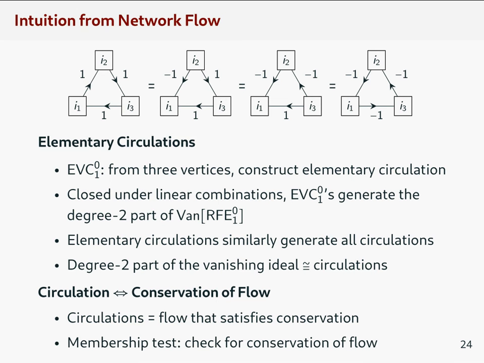So as I said before, this is the specific case of k equals 0, l equals 1, and degree 2. In order to generalize it to higher k, l, and degree, you want a higher dimensional version of network flow and a language for that, and that's what alternating algebra more or less provides. Okay, so that's all I have to say about that, except I'm going to give you an example.